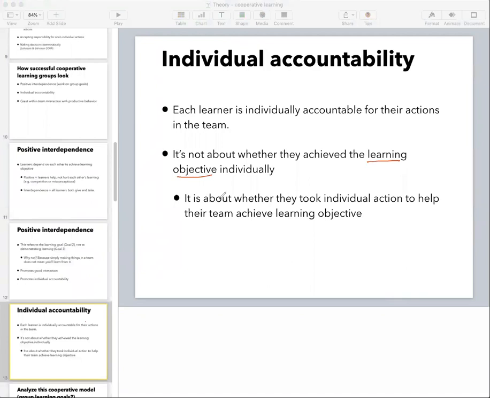It is instead about whether they took individual action to help their team achieve the learning objective. Help the team is what they are being held accountable for.